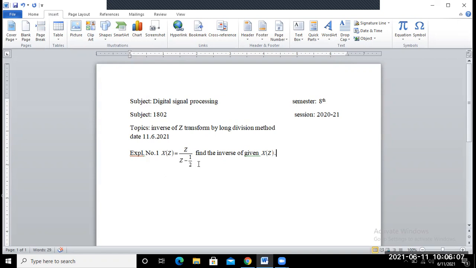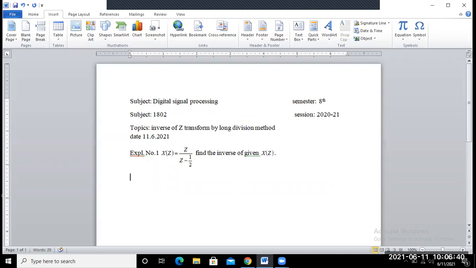By the basic formula of the discrete time signal, this standard formula z by z minus a is based on a to the power n u[n], is it not? So we are going to reverse that discrete time signal, that means the inverse of the Z transform.